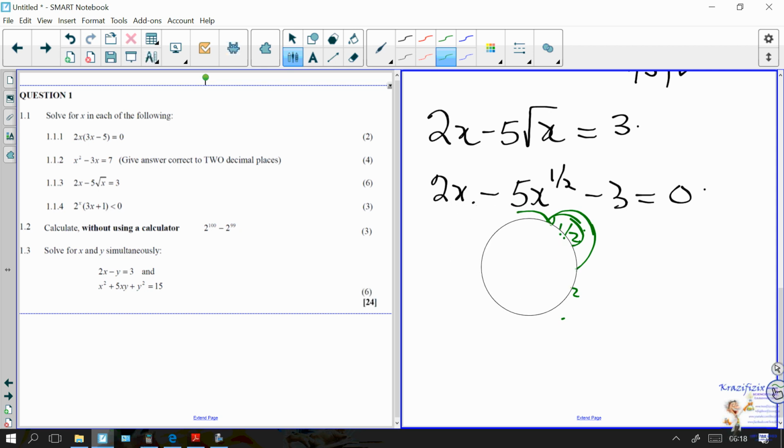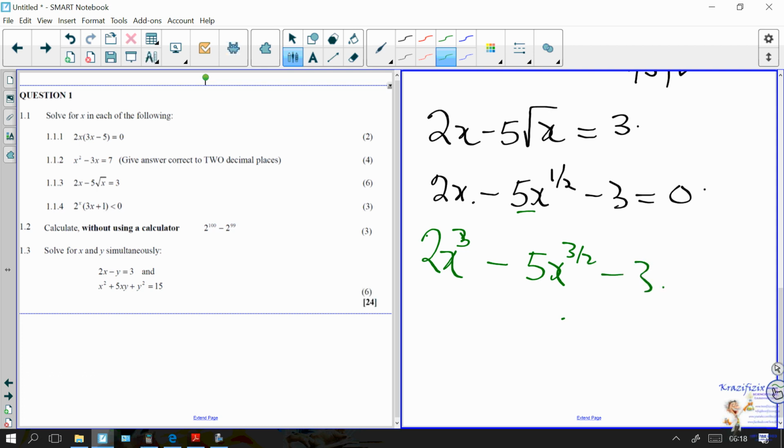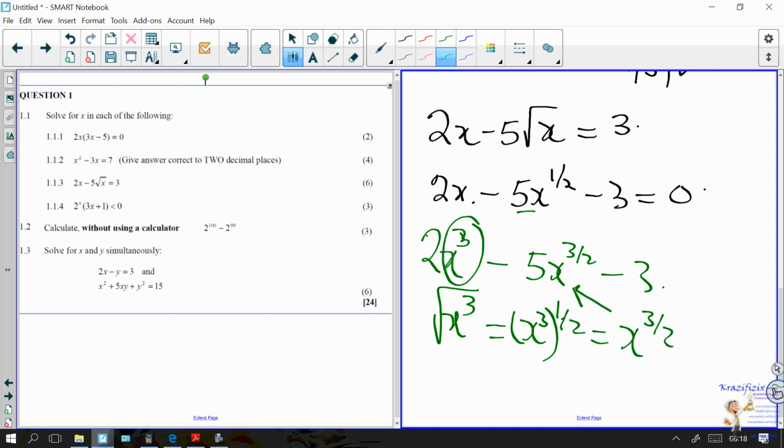All right. So you could have something like this as well. Let me just show you something. You could have something like 2x cubed minus 5x^(3/2) minus 3. It's a quadratic equation as well, because the square root of x cubed is x cubed multiplied by half. What would that be? x^(3/2). Once that happens, it is a quadratic.